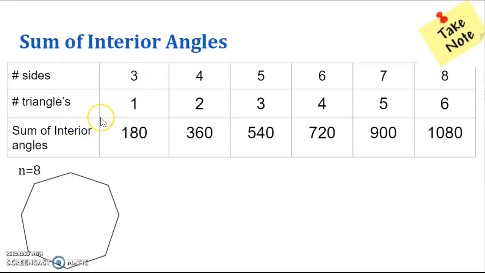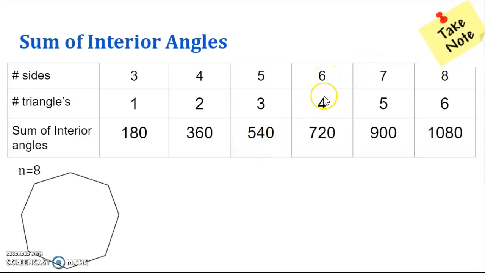Sum of the interior angles: for a triangle, we form one triangle and therefore 180 degrees. With a quadrilateral, we can form two triangles, so therefore 360 degrees, 2 times 180 is 360. A 5-sided pentagon is going to form 3 triangles, so 3 times 180 is 540.